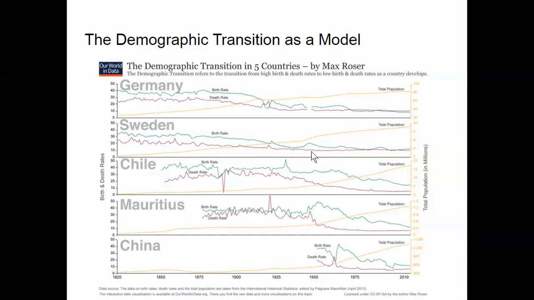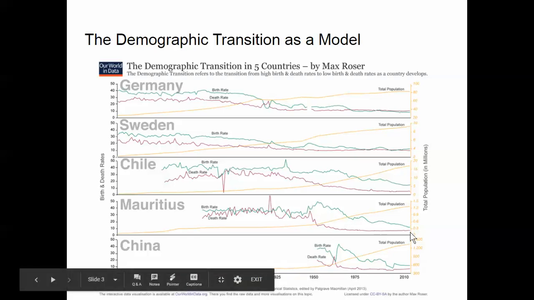But if we look at a place like Chile, what we can say there is that, boy, it seems to be taking an awfully long time for it to move from stage 3 into stage 4. You notice this gap here. It's still there. Well, Mauritius, this gap seemed very high, came down quite a bit, and might be moving into that right now.